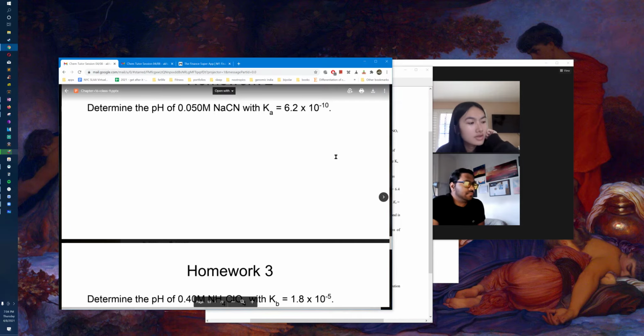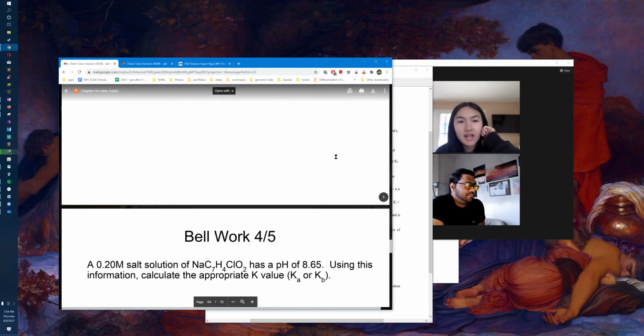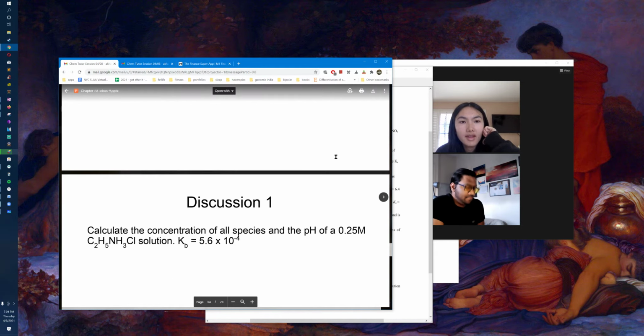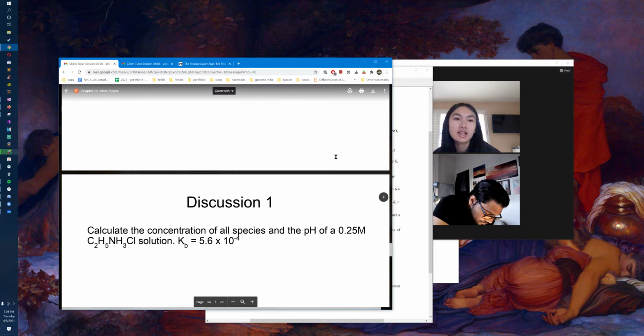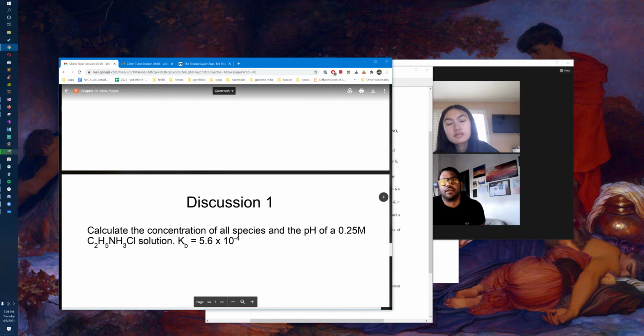I think usually it's the same as H plus when we set it up, because usually we can simplify it to just x squared, because they'd both be the same. Yeah, that makes perfect sense. It shouldn't be equal to 0.085 because not all of it has dissociated. So okay, good job.